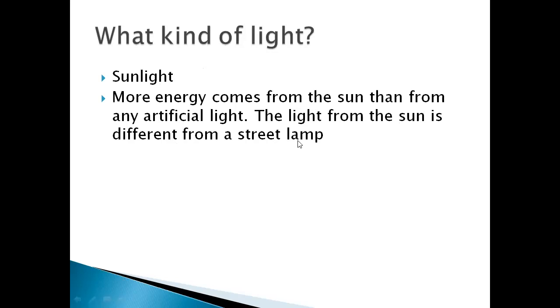Plants take certain kinds of waves from the sun, and other lights don't have these. So sunlight is more important for plant growth. We also use artificial light, but not much.